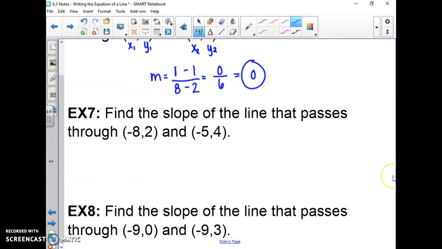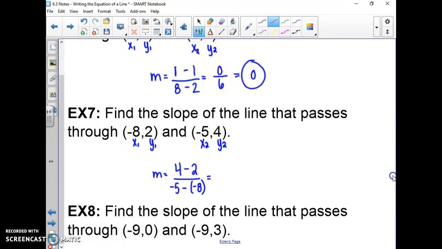For example 7, we've got (negative 8, 2) and (negative 5, 4). We would again let this be x1, y1, and this point could be x2, y2. So we would say y2, which is 4, minus y1, which is 2, over x2, which is negative 5, minus x1, which is negative 8.